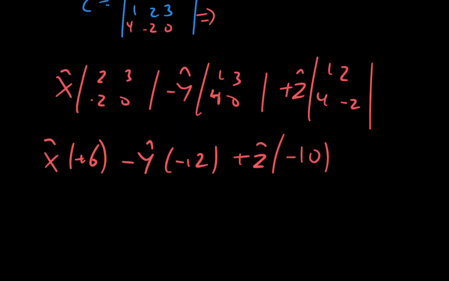We find that the x component is 6, the y component is negative 12, and then our z component is negative 10, so our vector is just 6, negative 12, negative 10.